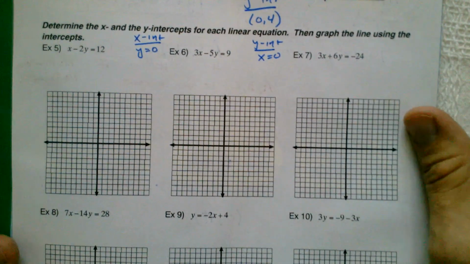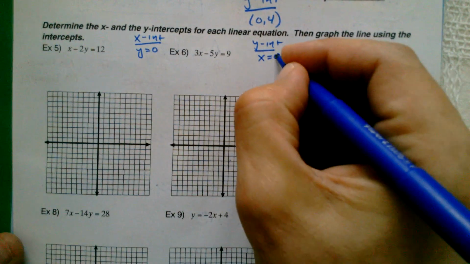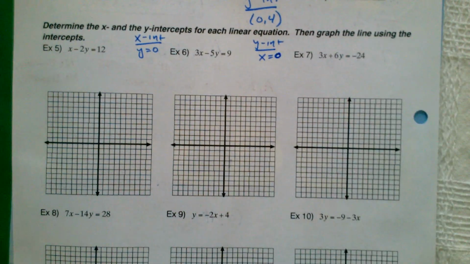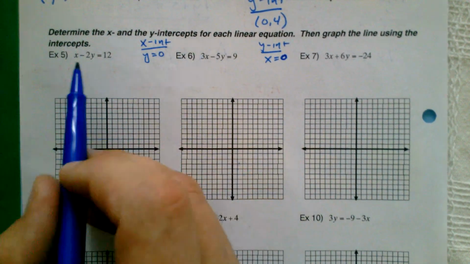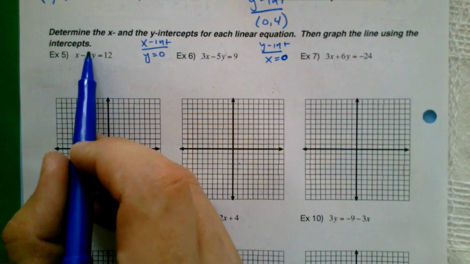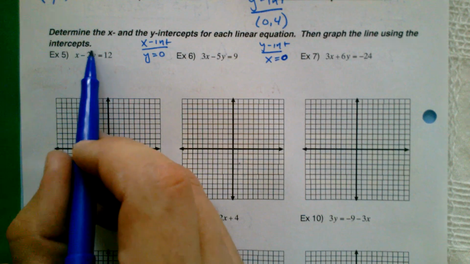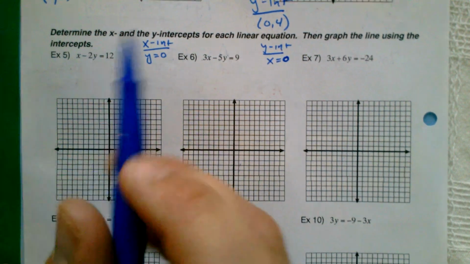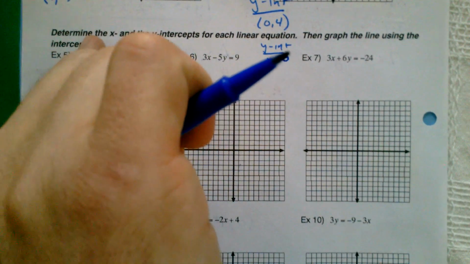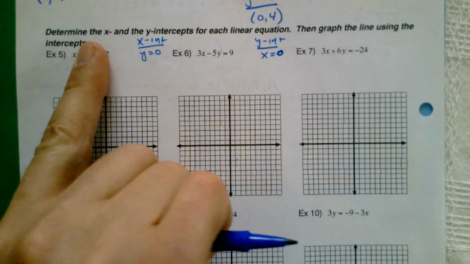This is what we're going to call the cover-up method. X-intercept is when y is 0, so I'm going to plug in 0 for y. If I plug in 0, negative 2 times 0 is like it's not even there. We could literally just cover it up and write what's there.